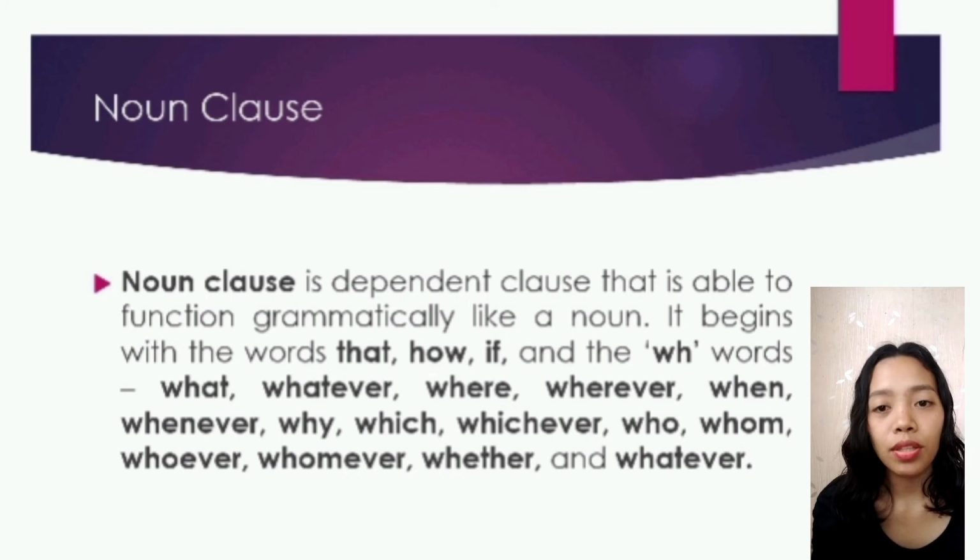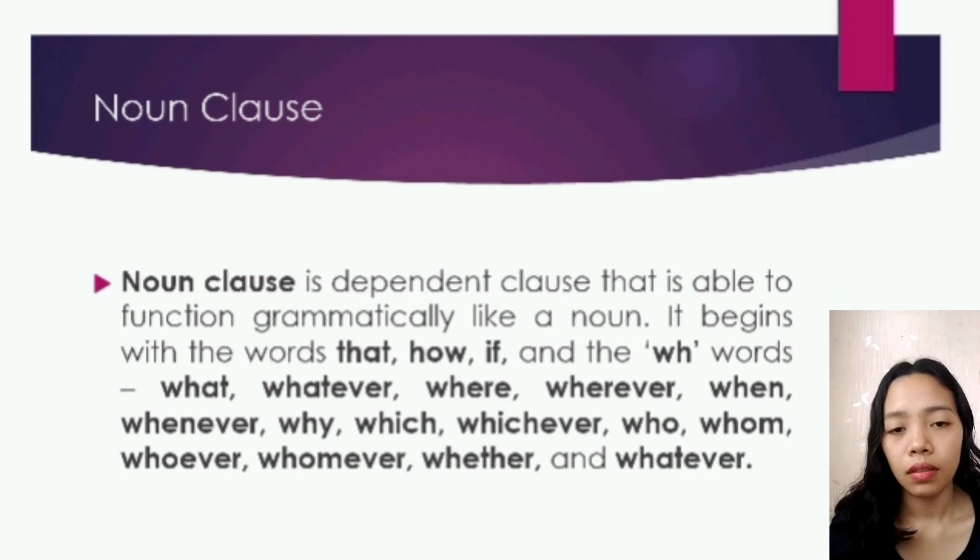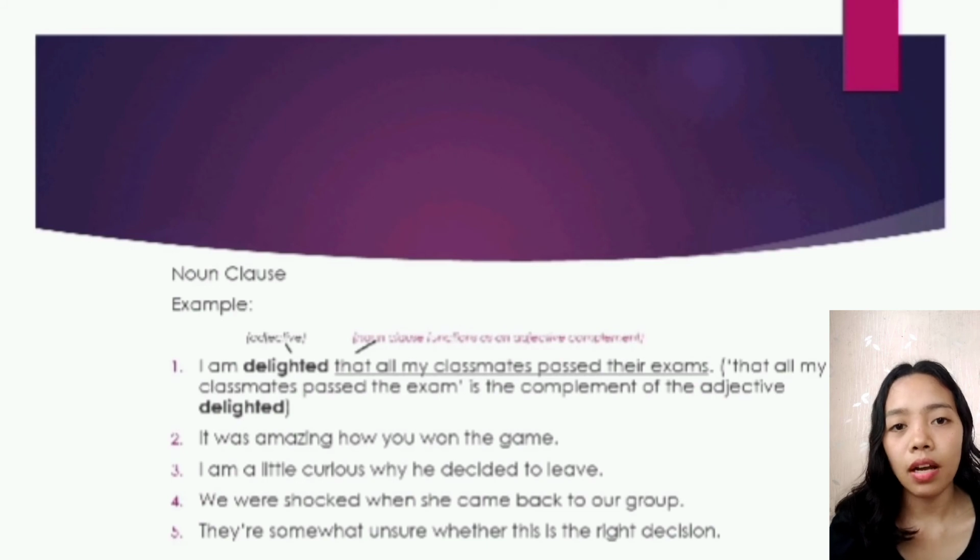It begins with the words that, how, if, and the WH words: what, whatever, where, wherever, when, whenever, which, whichever, who, whom, whoever, whomever, whither, and whatever. Here are some examples of the noun clause acting as an adjective complement clause.